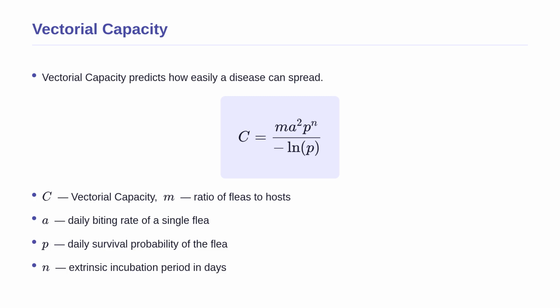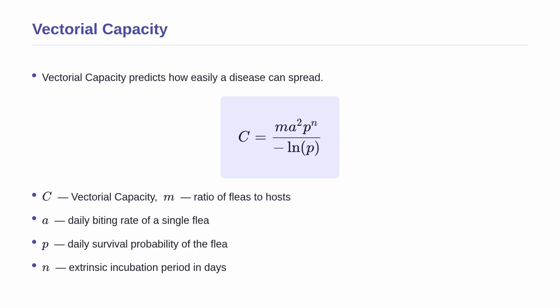To prevent these outbreaks, epidemiologists need to predict how easily a disease can spread, which brings us to a mathematical concept called vectorial capacity. This formula calculates the daily rate at which future infections arise from a currently infected host. Let us break down the variables. C is the vectorial capacity.